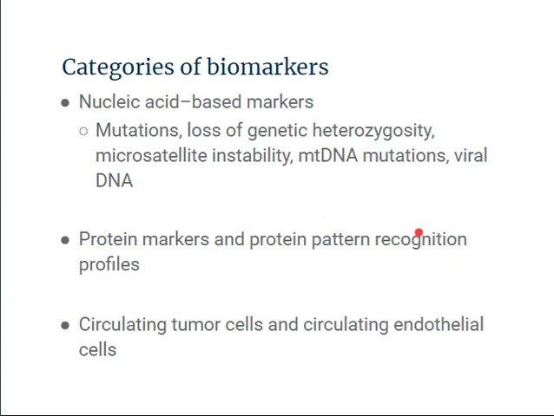Many of these markers can be detected in the circulation, whereas other biomarkers can be found within the tumor tissue itself. So in the next few slides, we'll discuss the nucleic acid based biomarkers in cancers.